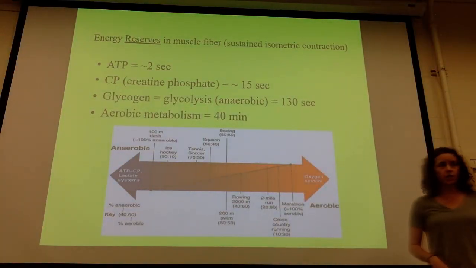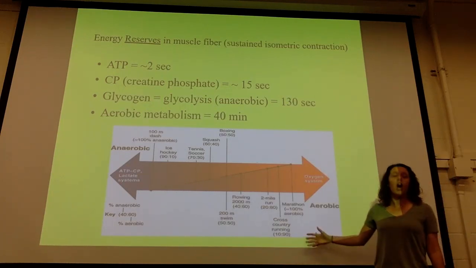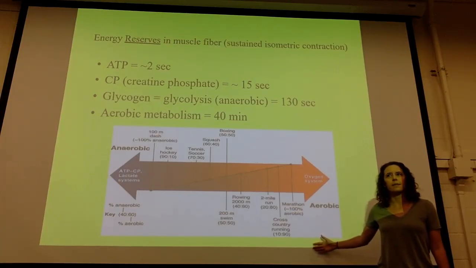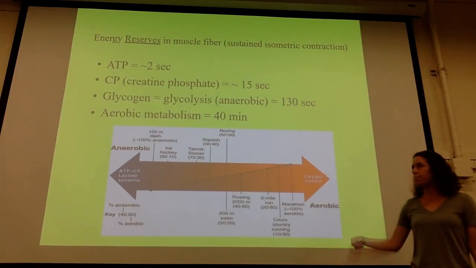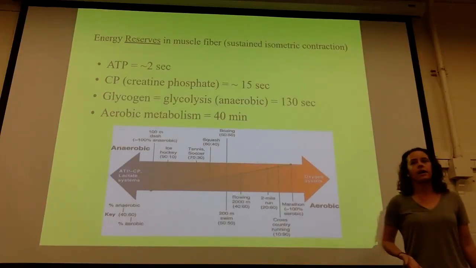Okay, energy reserves. There's actually a ton that we could say about energy reserves. We get into this more in the digestive system. In 371, we get into this quite a bit more. This barely scratches the surface, but we will just note that.